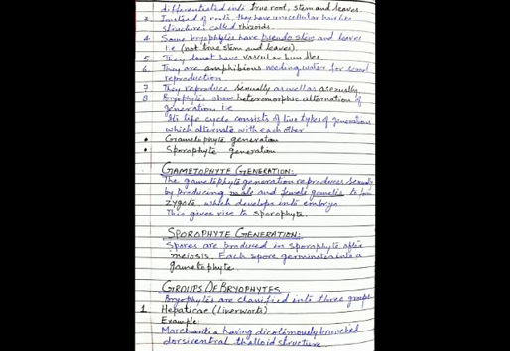Third point is, instead of roots, they have unicellular hair-like structures called rhizoids. Fourth point is, some bryophytes have pseudostem and leaves, that is, not true stem and leaves.